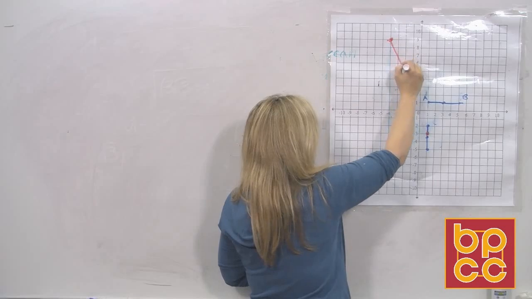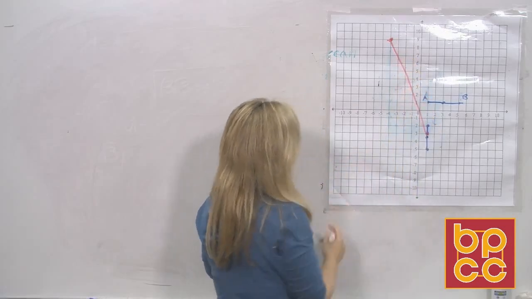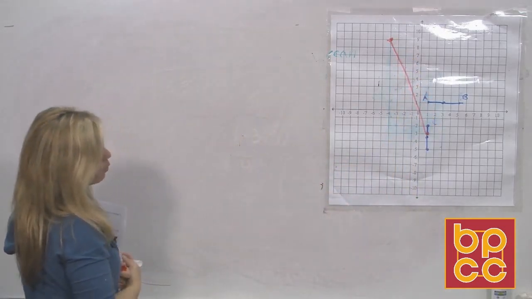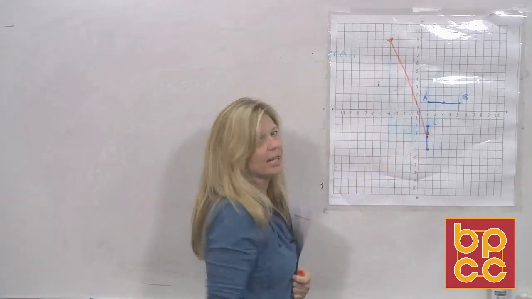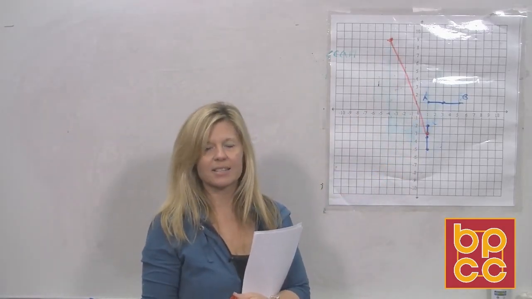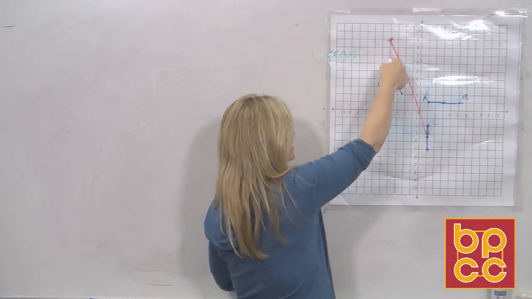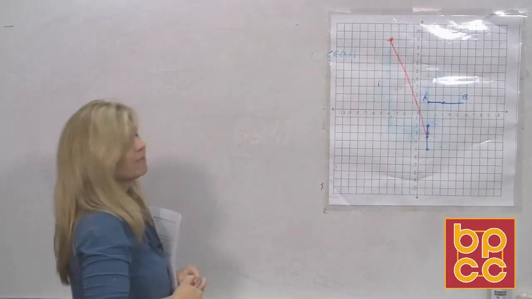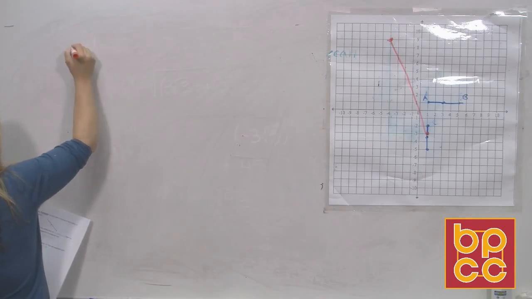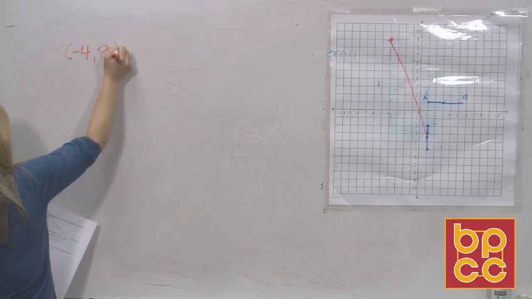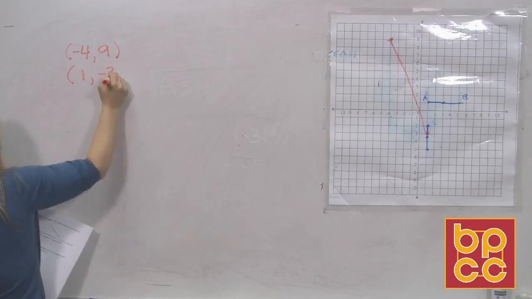And again, please excuse my sketch. If I want to know where the point halfway is, well, we found the distance from here to here was 13. So we know halfway is 6 1/2. But we can't count 6 1/2 diagonally. So we have no choice but to use the formula. So let's take our 2 ordered pairs, which were negative 4, 9, and 1, negative 3.